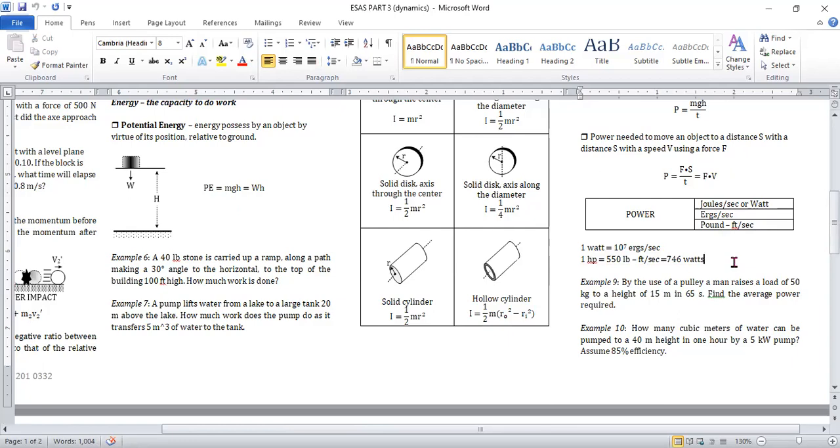Okay. So by the way, watts, just an information, watts basically is Newton meter per second. Okay. So in English unit, so you have their pound foot per second.